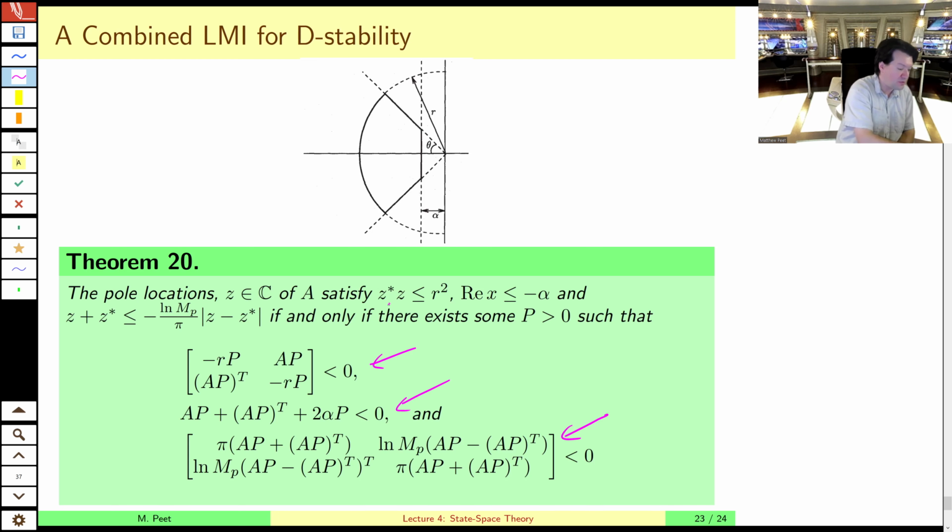All right, so this is the one for rise time. This is the one for settling time. And this is the one for percent overshoot. And so we just add these LMI constraints.